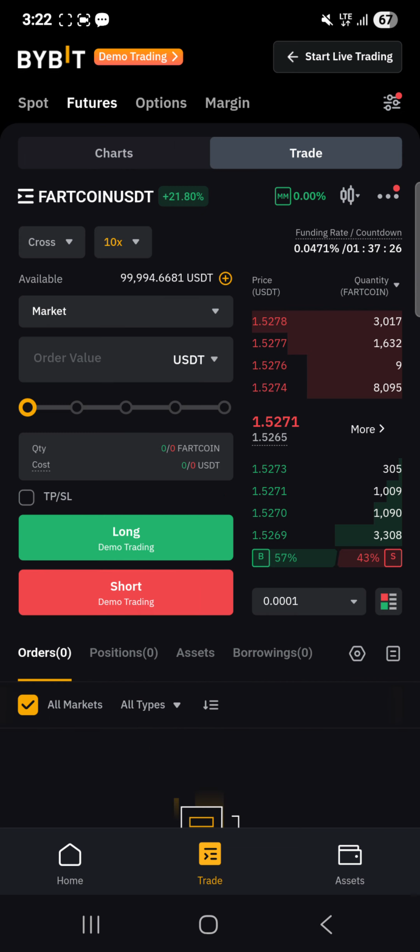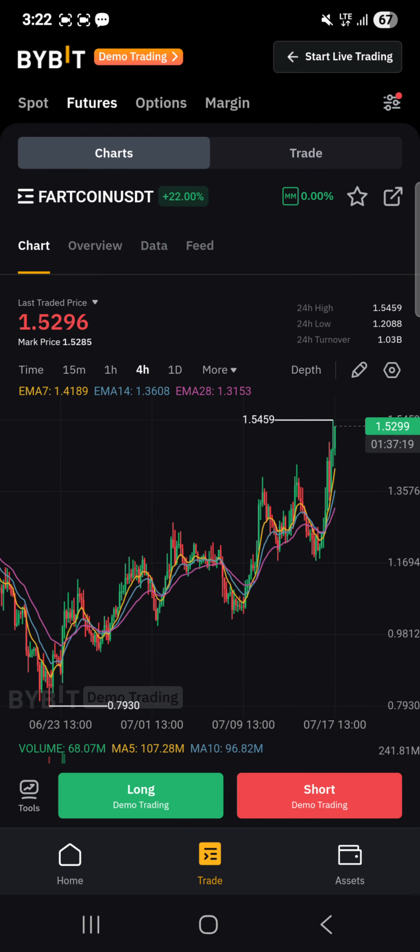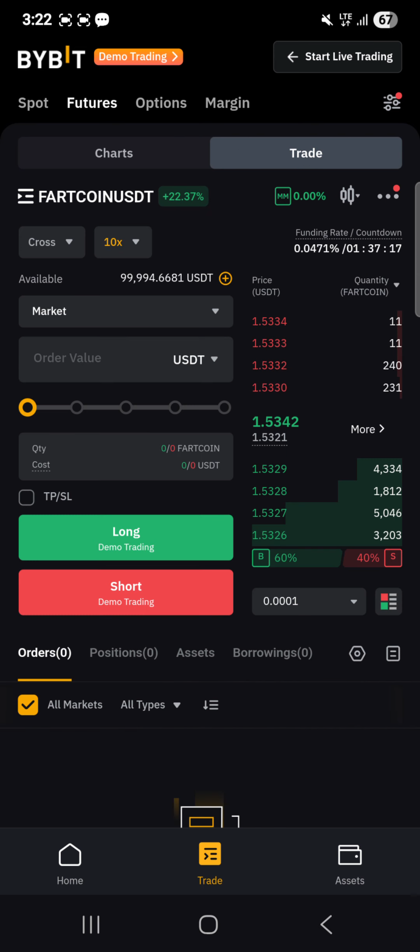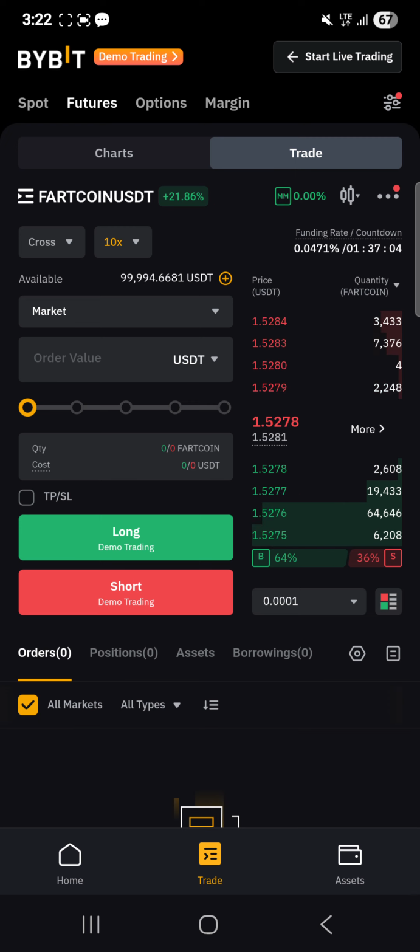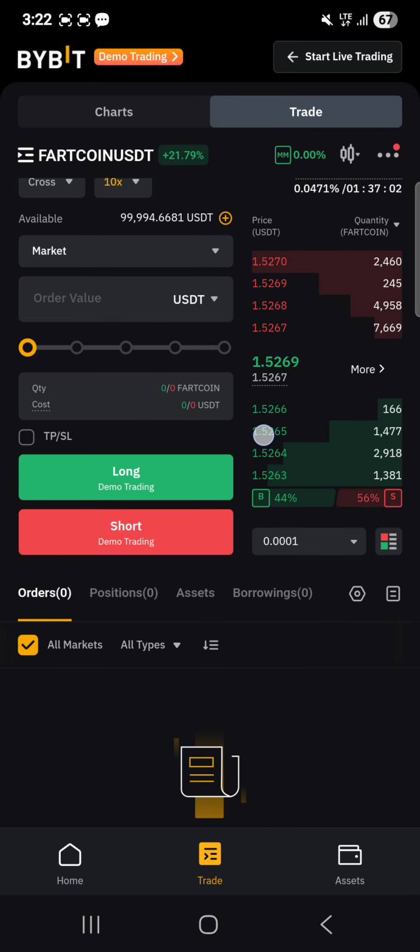If I had entered with $100 on isolated, I will lose that whole $100. But if I had entered with cross margin, I will not just lose that $100, I will lose every available USDT on this home page.